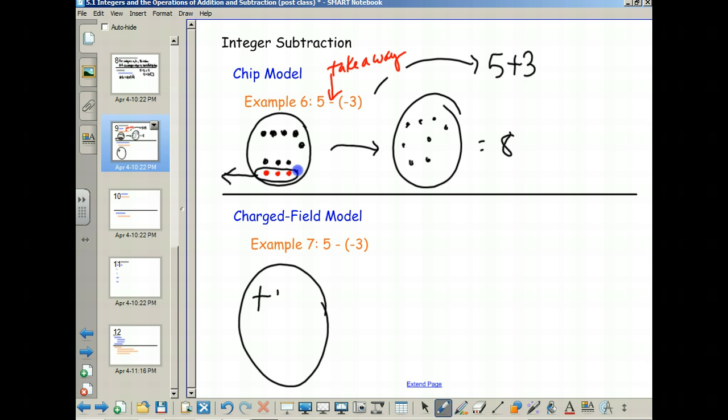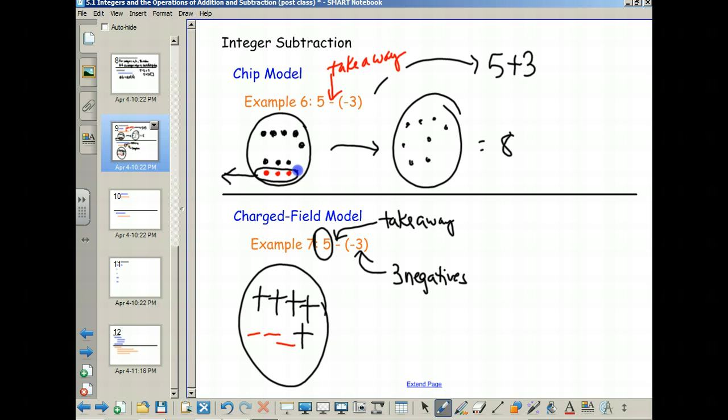This says I need 5 pluses to start. There's my 5 pluses. I need to take away 3 negatives. There aren't 3 negatives there to take away. They just don't exist. So in order for them to be there to be able to take away, I have to put them in.